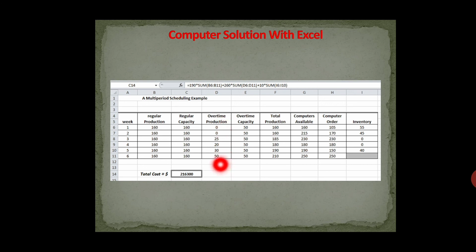The computers available each week in column G, the available computers, include the regular production per week, plus overtime production per week, plus the inventory.